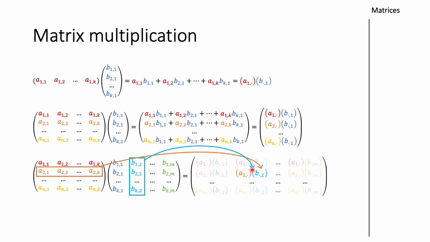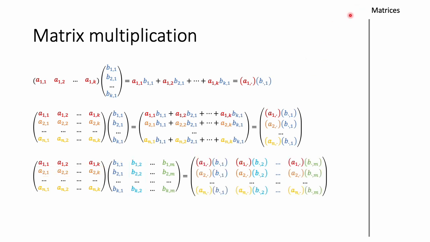We write down the products of them according to the formula above, and we fill the output matrix with these products. This is the definition of matrix multiplication, given that the number of columns in the first matrix is equal to the number of rows in the second matrix. That's how it looks.